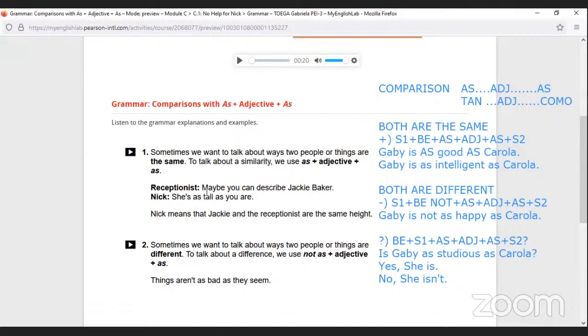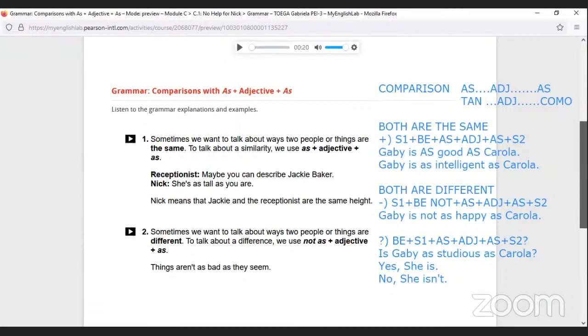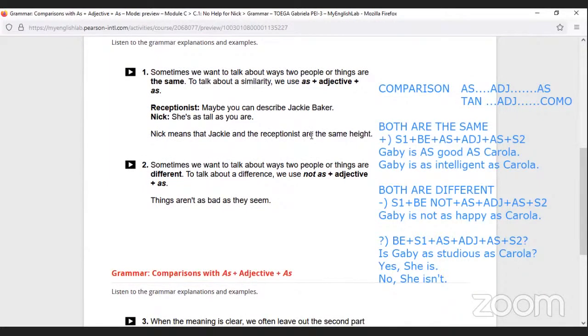For example, the receptionist says, maybe you can describe Jackie Baker. Nick says, she is as tall as you are. So subject, the verb to be, the first as, the adjective, as, and the second, you. So she is as tall as you are. Both are tall. The receptionist says that they are the same height.